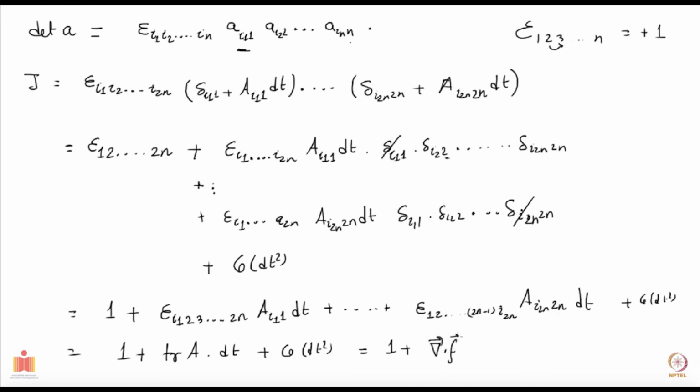Remember, divergence is del f by del x1 plus del f by del x2 and so on, which is just what is appearing as the trace for you here, and dt is still there, plus higher order. Okay, so we are almost there.